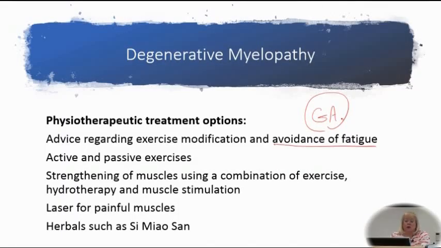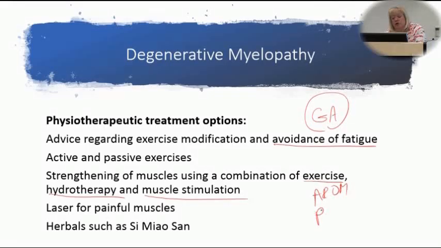So this is one where I'm going to do active range of motion. I'm going to do passive range of motion. And I'm even going to have the owners do NMES at home. I have a number of NMES machines in my practice, and I rent them out to people by the month. If they have a dog that needs it, we're going to do that.